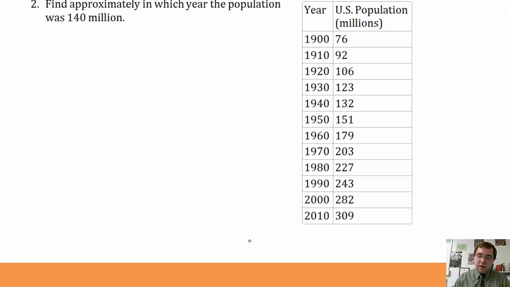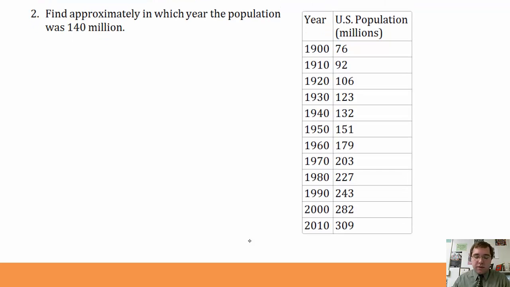All right, find approximately in which year the population was 140 million. So this is backwards. Now I've got the population. I want to know what year. So I look, and 140 million is between 132 and 151. So somewhere in there is 140. Okay, so it must be somewhere between 1940 and 1950.